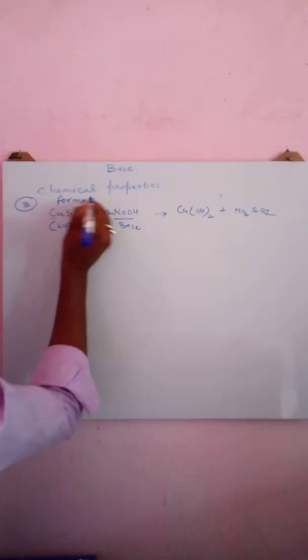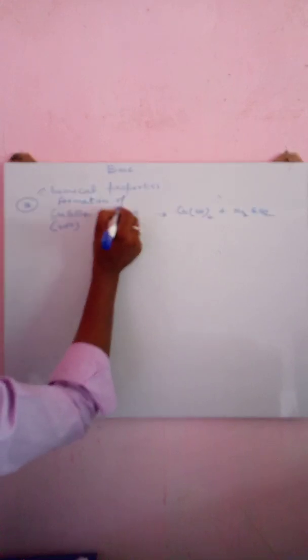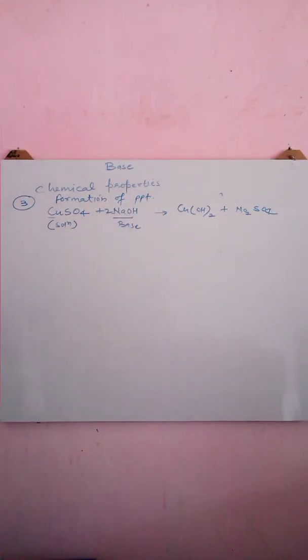So the third chemical property is related to the formation of precipitate, PPT, of heavy metals. Such reactions are very common in the chapter analytical chemistry. We will discuss this reaction again when the analytical chemistry topic comes.